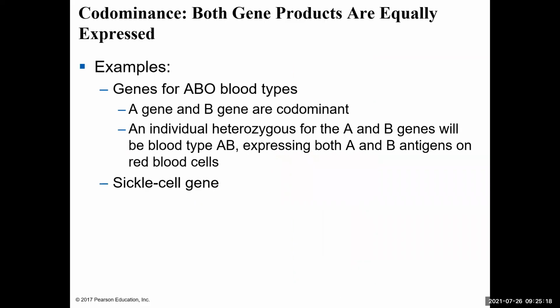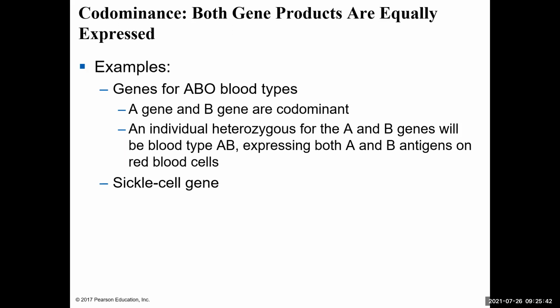Now another example that deviates from complete dominance is codominance. And this is what we actually see with our blood types. Basically, if you have those traits, they're equally expressed. So A and B are codominant with one another. This is how you can have the AB blood type.